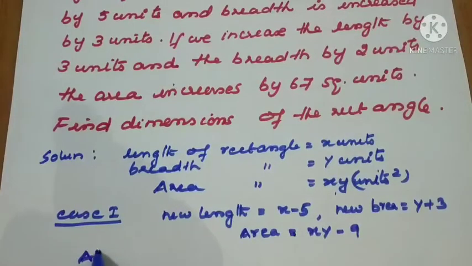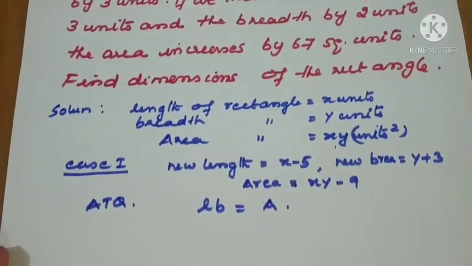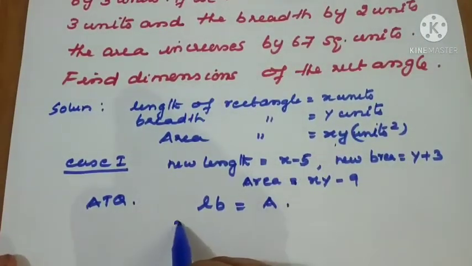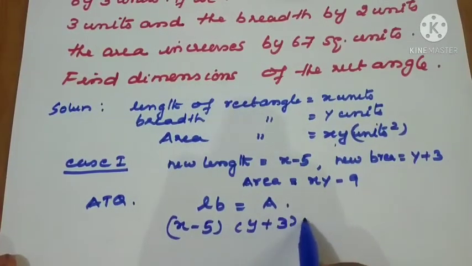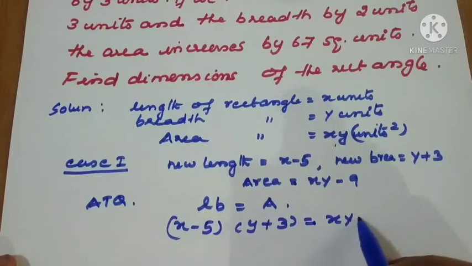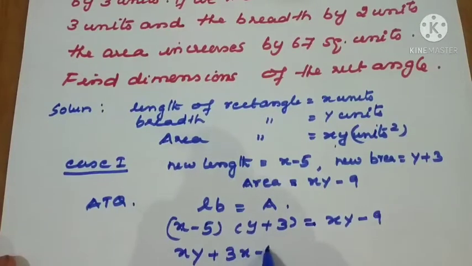So according to the question, length into breadth is only area. Right? So what is the new length? x minus 5 into y plus 3 equal to area, xy minus 9. So just multiply this one. xy, x into 3, plus 3x minus 5y minus 15 equal to xy minus 9.